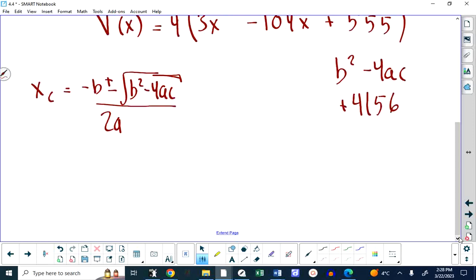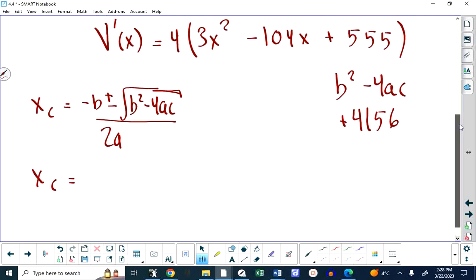We get negative b, and again, I'm going to use the factored result here. I'm not looking at the 4. Negative b is 10, plus or minus root 4156 all over 2a, which is 6. I'm going to go out on a limb. Well, I don't know. It's not 10, it's 104. And I was just looking at the numbers going, it can't be 10. It's 104.